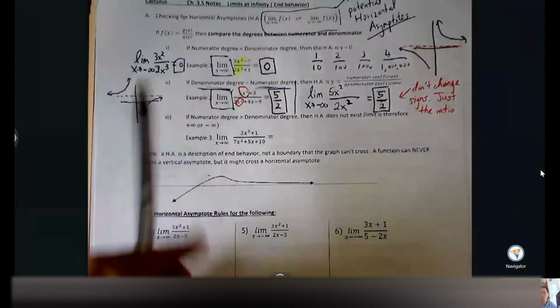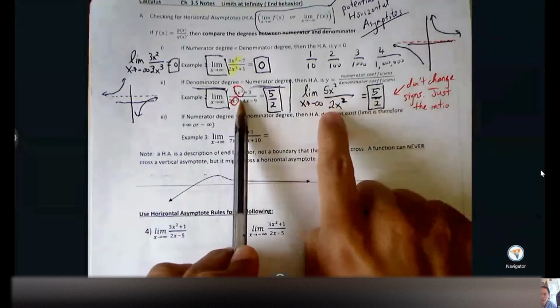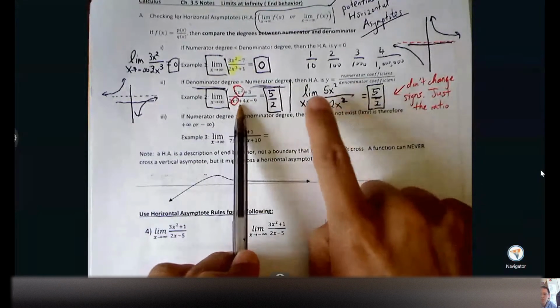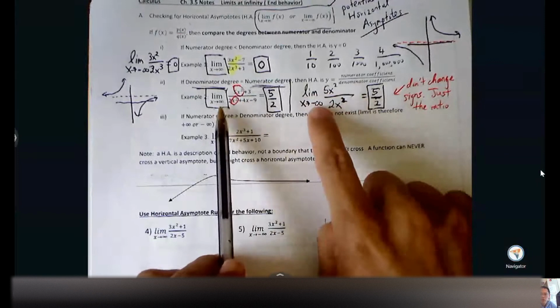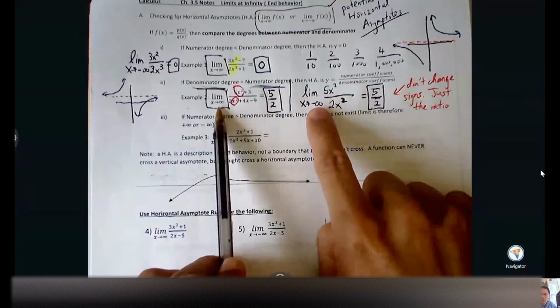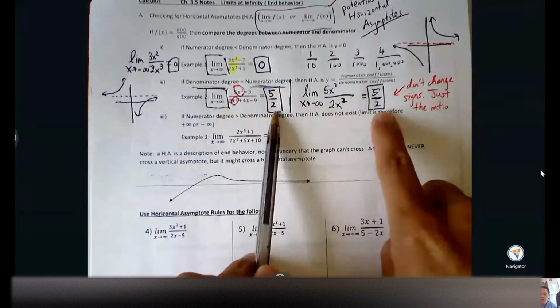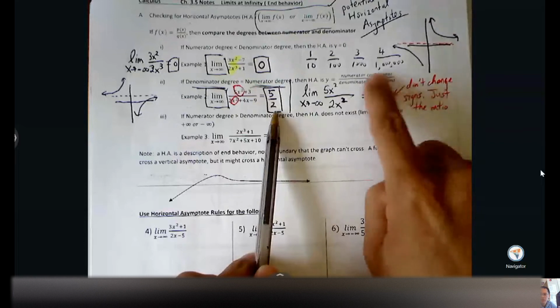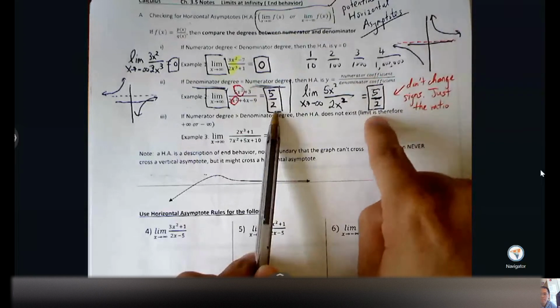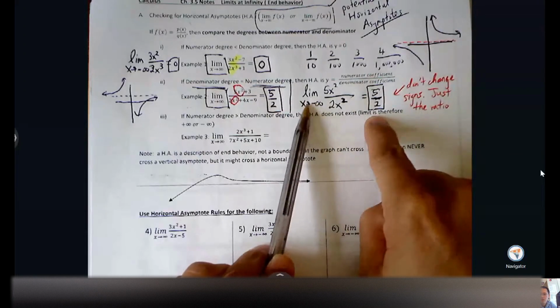So if both are getting closer towards it, it's going to be towards the same asymptote. So if your degrees are the same, if you're dealing with a rational function, there's only one asymptote. Doesn't matter if you're moving to the right or to the left, it's just the ratio. Don't try to change the sign. This negative throws off a lot of students here.